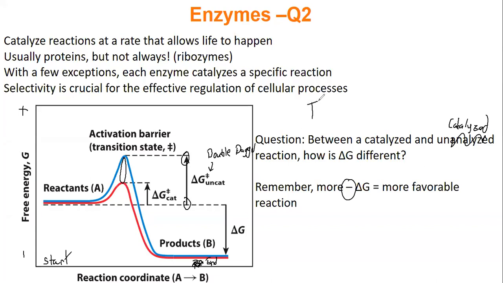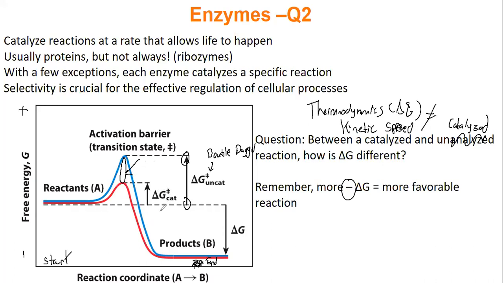Remember, thermodynamics, which is delta G, and kinetics, which is speed of reaction, are separate. Just because you speed something up does not mean you change the delta G. All a catalyst does is change delta G double dagger. The height of delta G double dagger is the speed.